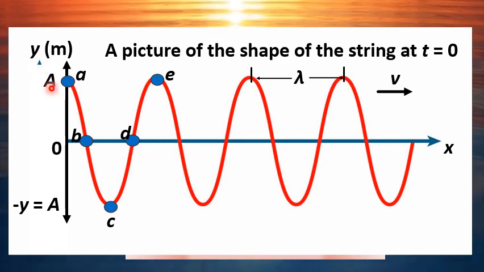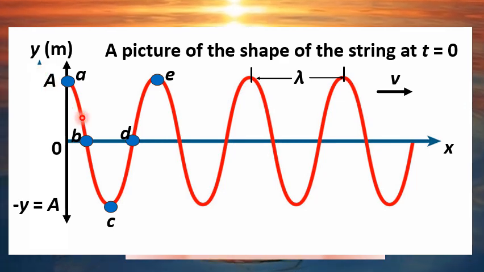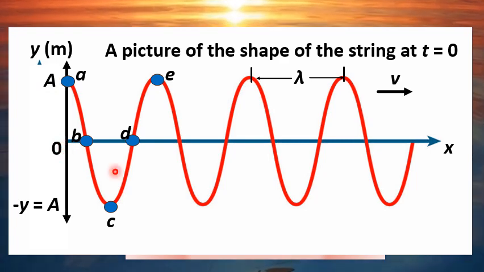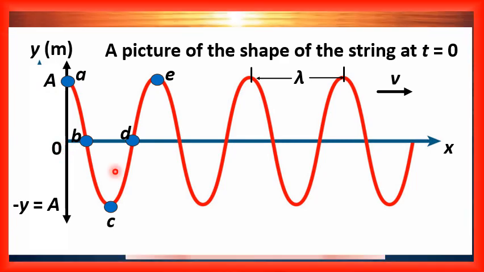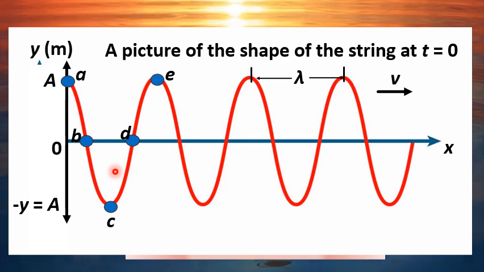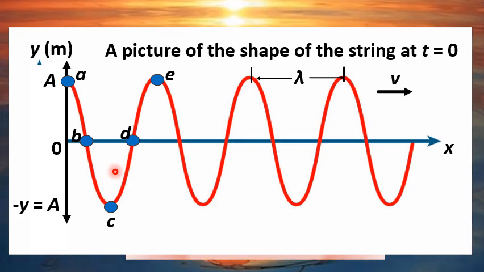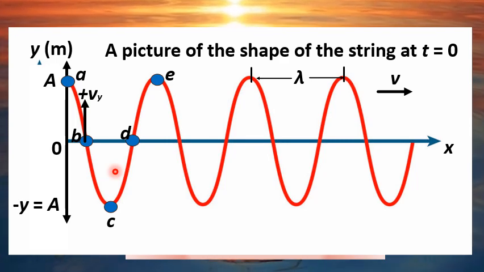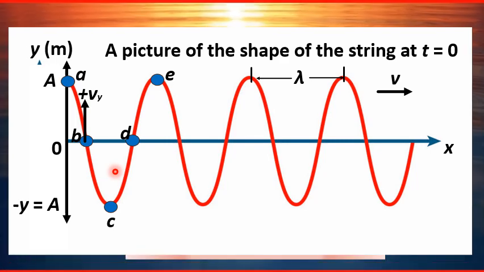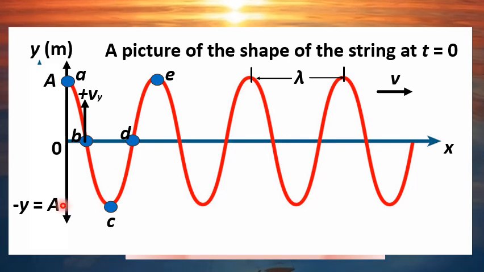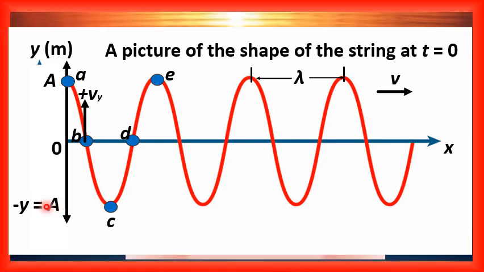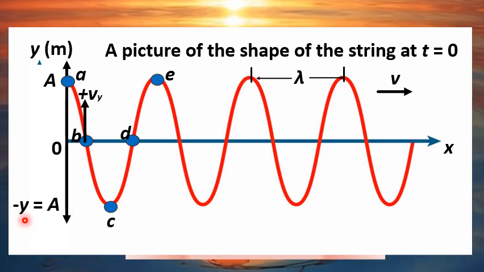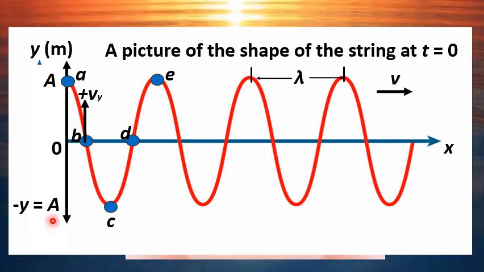Now, four other particles are also chosen. Particle B is located at the equilibrium position and is at its greatest velocity directed upward. We have particle C, located at the maximum negative displacement, so its velocity is also equal to 0.